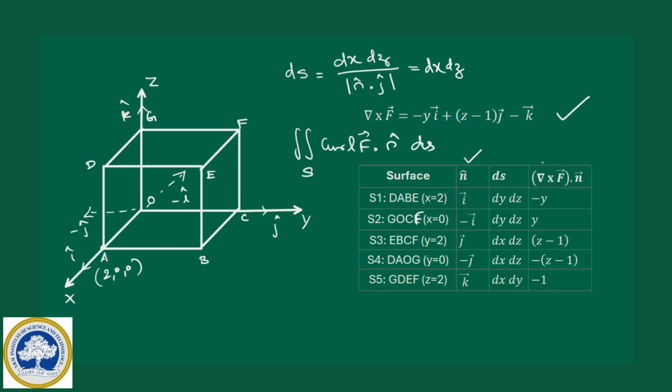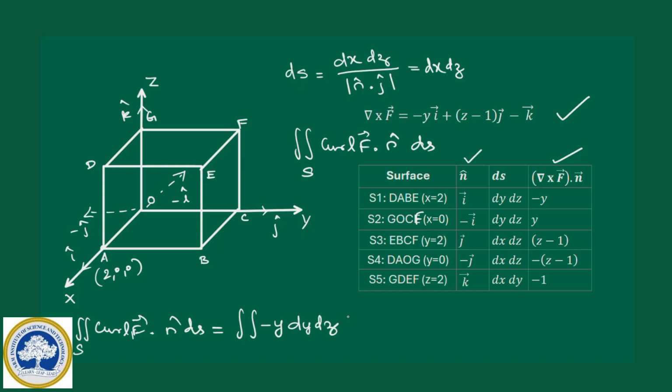So likewise we have to consider the dot product of del cross f dot n by using this table and the vector del cross f. After calculating this, now we have to evaluate the double integral. So the double integral over S of curl f dot n ds is equal to the double integral of curl f dot n for surface S1, which is minus y dy dz.